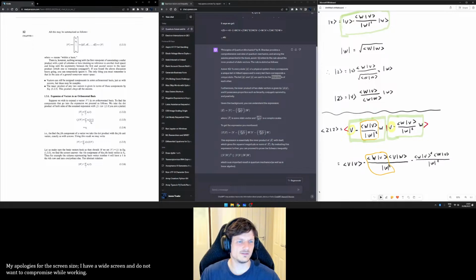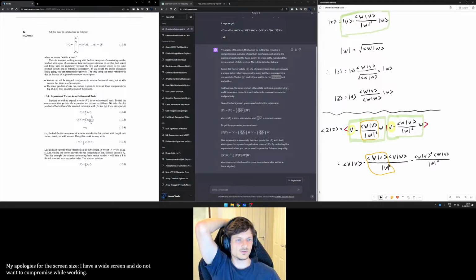So this vector V is equal to the sum of all components of V multiplied by the ith vector.